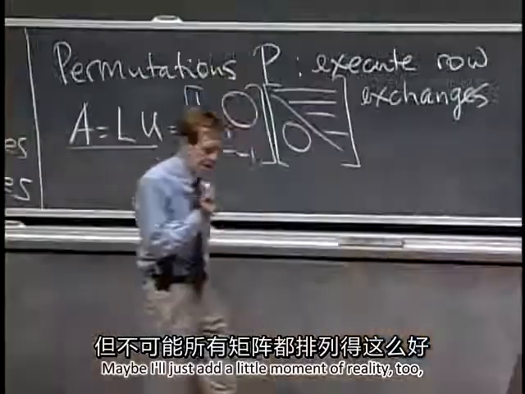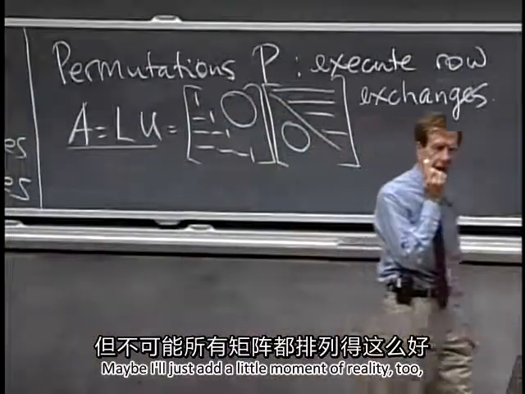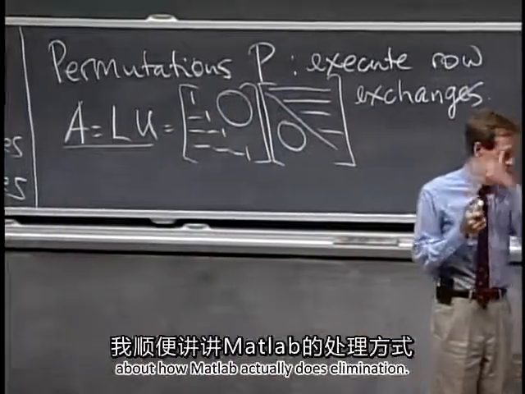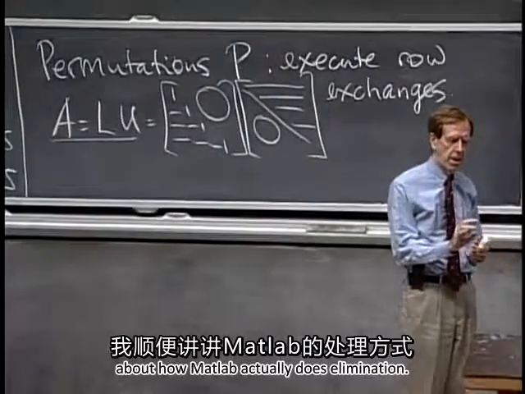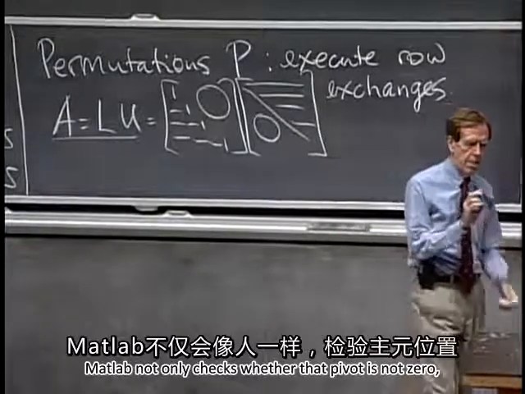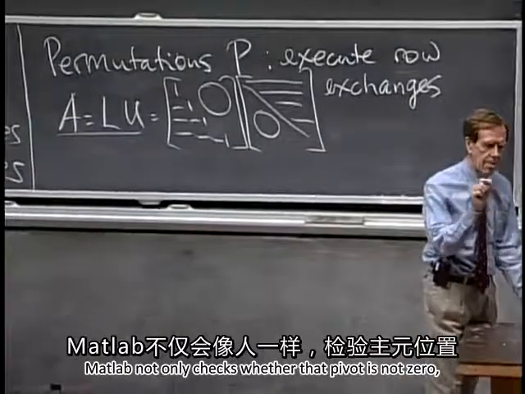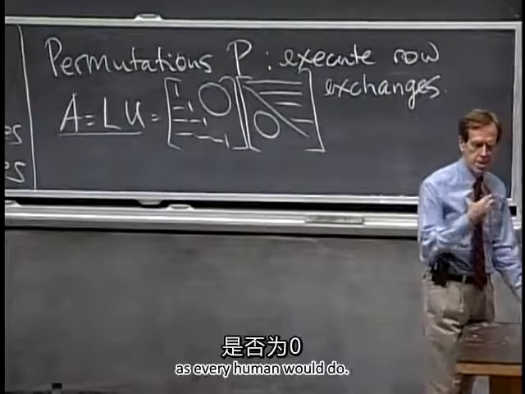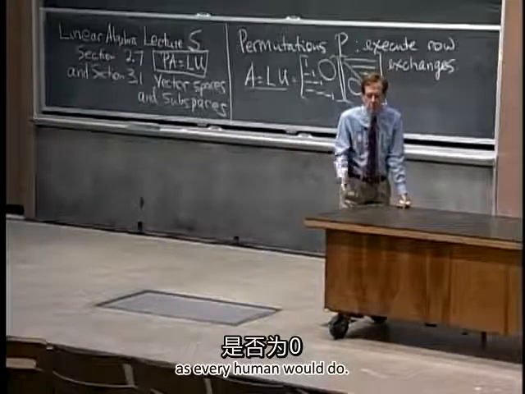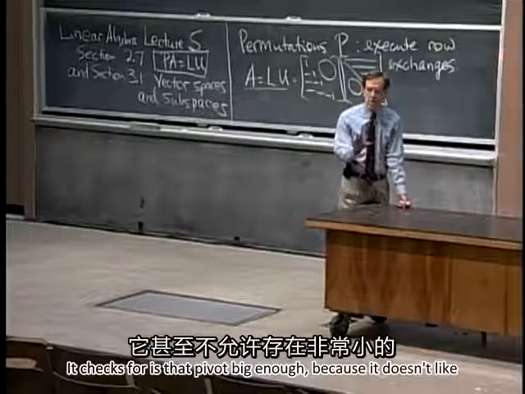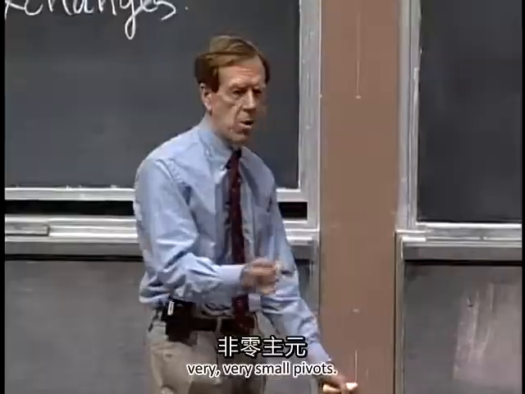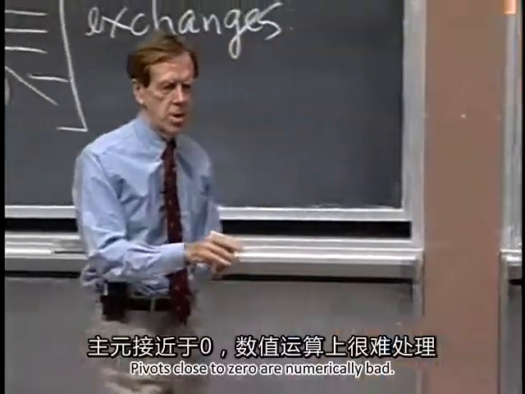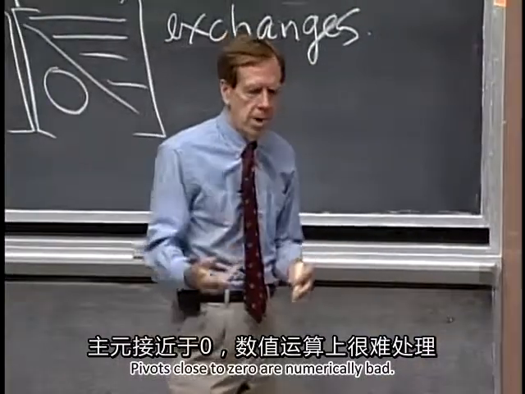Maybe I'll just add a little moment of reality, too, about how MATLAB actually does elimination. MATLAB not only checks whether that pivot is not 0, as every human would do, it checks whether the pivot is big enough. Because it doesn't like very, very small pivots. Pivots close to 0 are numerically bad.